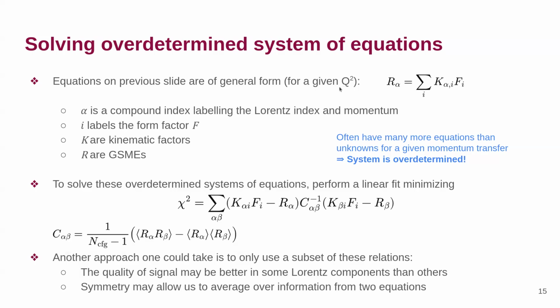So if you write down the equations for a given q squared, let's say you have a q squared of one unit of momentum being transferred along any axis. There are 3 axes it could be transferred along, and for each of those you have 2 directions, plus or minus 1.